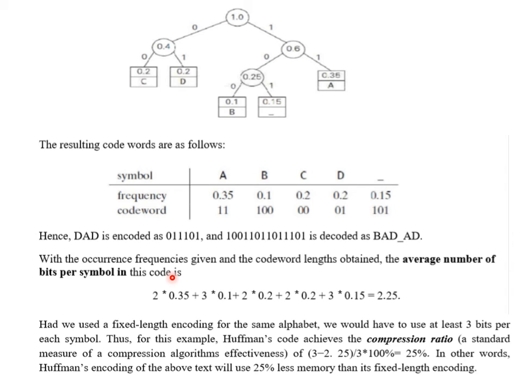So with the occurrence of frequencies given and the code word length obtained, what is the average number of bits per symbol in this code?